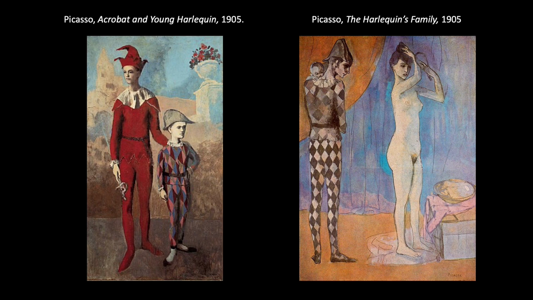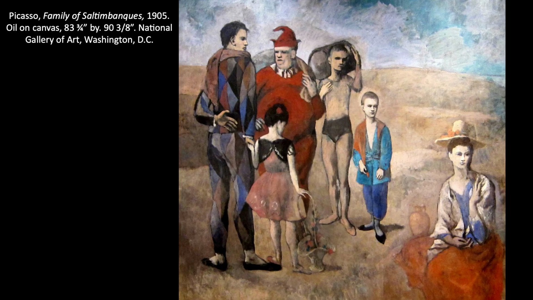In The Family of Saltimbanques from 1905, he depicts this family of circus performers, kind of stoic, emaciated with these harsh, kind of solemn expressions. There's also this sense of isolation or stillness of the figures.